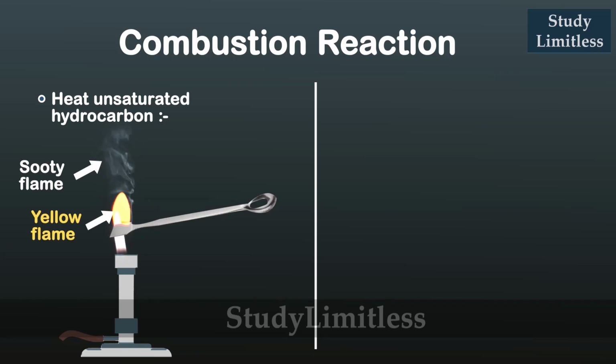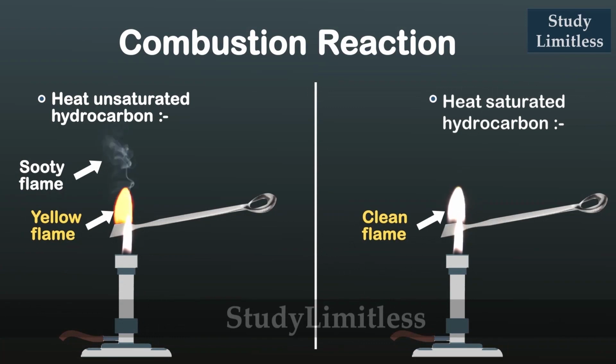That means there was more space for it to add hydrogen to it. And when you have a saturated hydrocarbon and you heat it on a flame, what you get is a clean flame. This is one of the basic tests that you can use to determine if your hydrocarbon is saturated or unsaturated.